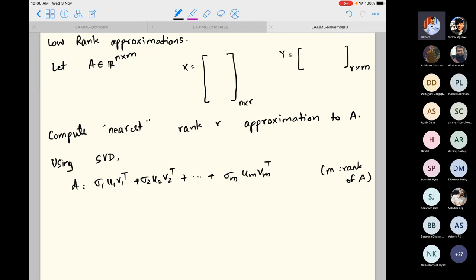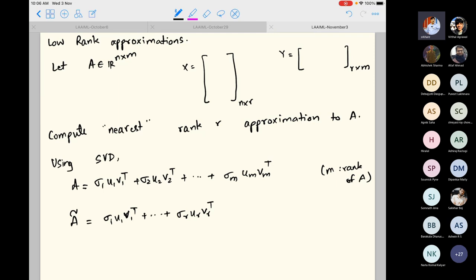You can write this down as A, and now you compute A tilde, which is just sigma 1 u1 v1 transpose plus and so on, up to sigma r ur vr transpose, and this A tilde you can think of as a rank r approximation to A. Using singular value decomposition you can do this.